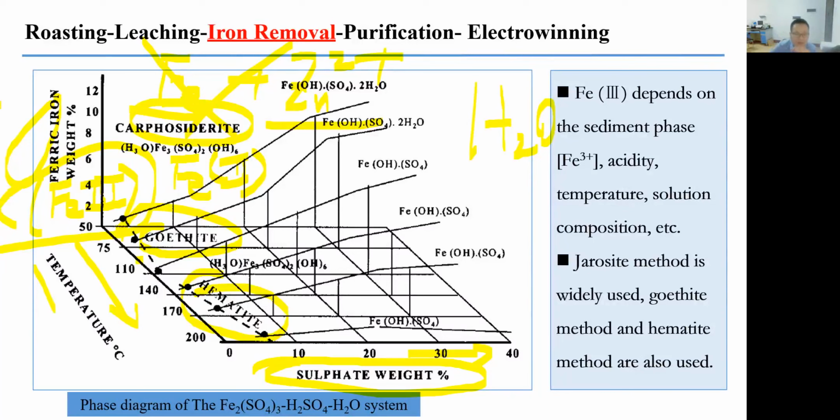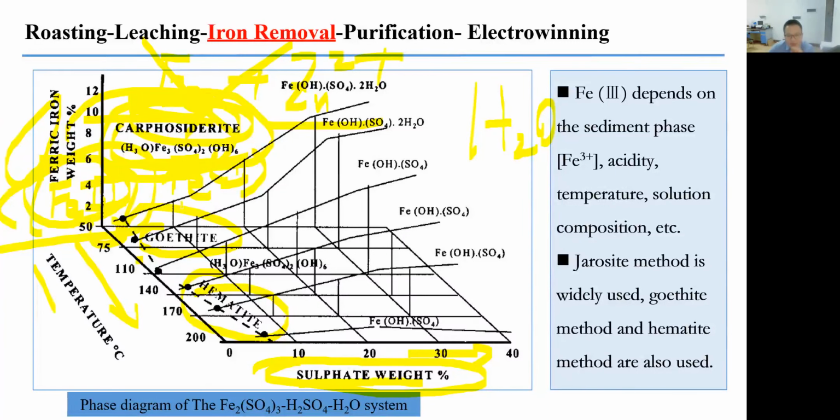This is the easiest part. It can have high ferric ion concentration, high sulfate or acidic conditions, and the temperature is quite low. So we can easily precipitate iron in this region, and no zinc will be lost in this part.